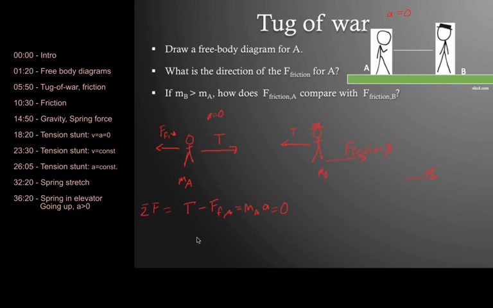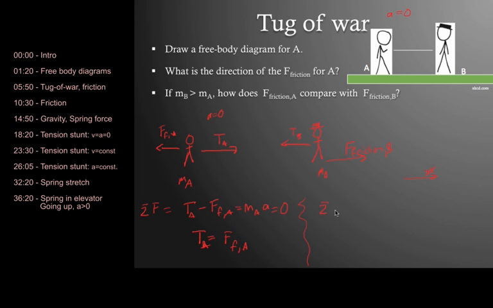So what I know is that T is going to be equal to FA, or this TA. I could call this TB just to be really uncertain about myself. Sorry, TA. Now we can look over here at black hat and do the same thing.